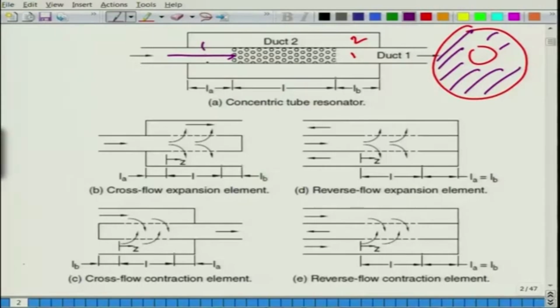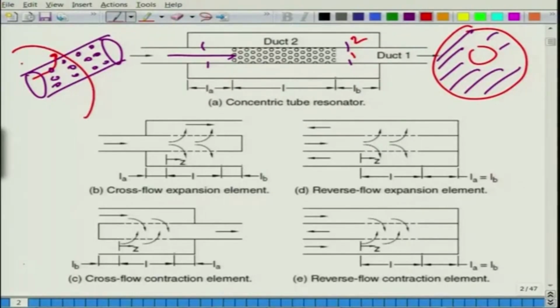Note that this is a solid section, so the waves cannot interact directly with the annular cavity in this region. It is only when the waves approach this perforated section that, through the small holes, they get a chance to go out and interact with the annular cavity surrounding it, isn't it? The waves are interacting now.